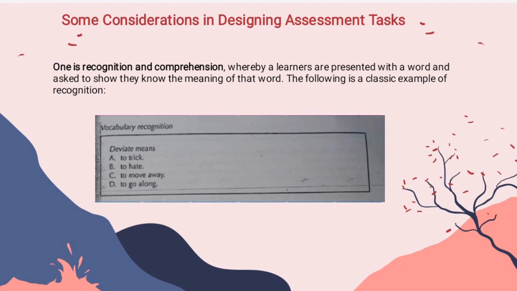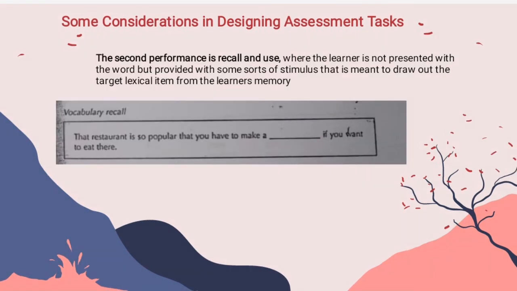The following is a classic example of recognition. The second performance is recall and use, where the learner is not presented with the word but provided with some sort of stimulus that is meant to draw out the target lexical item from the learner's memory. Here is the example.